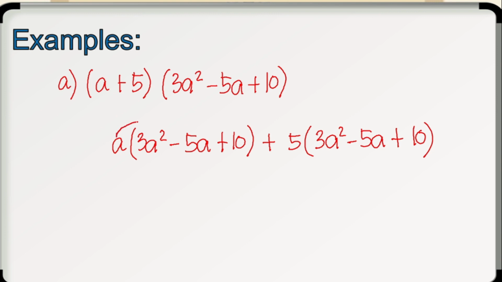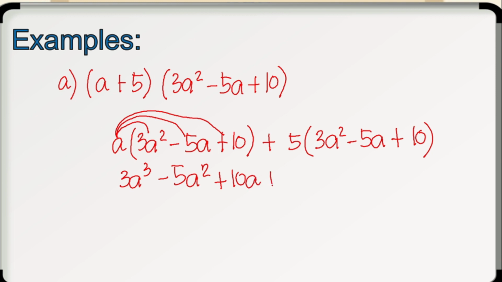Next, we will now multiply a to each term of the second polynomial, which is a times 3a squared, which is 3a cubed. A times negative 5a is negative 5a squared. A times positive 10 is positive 10a.